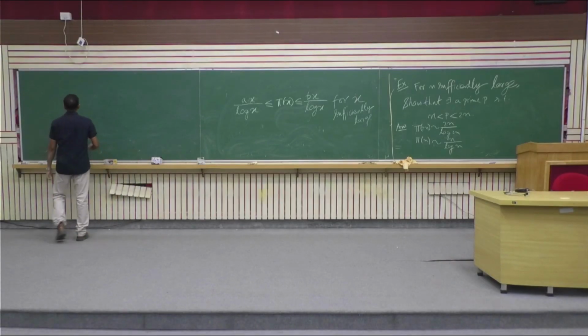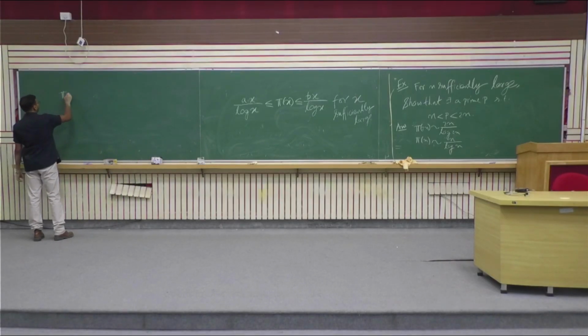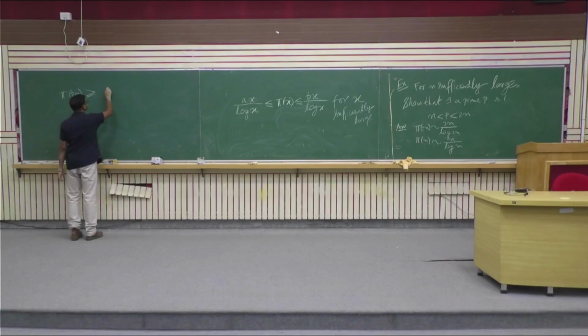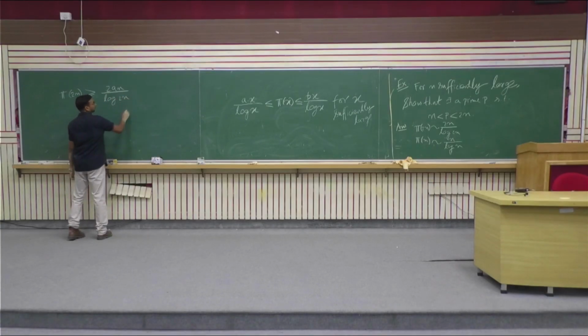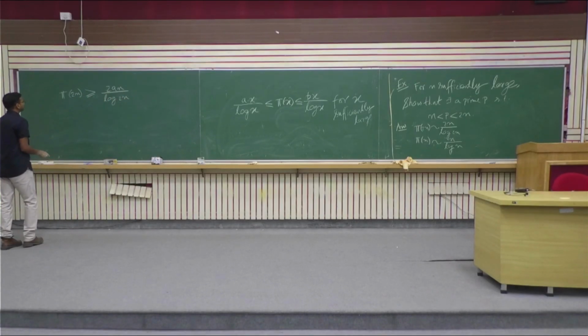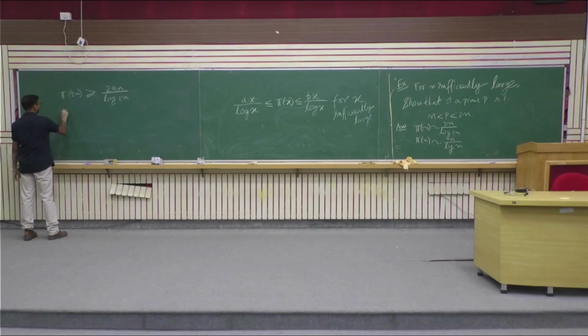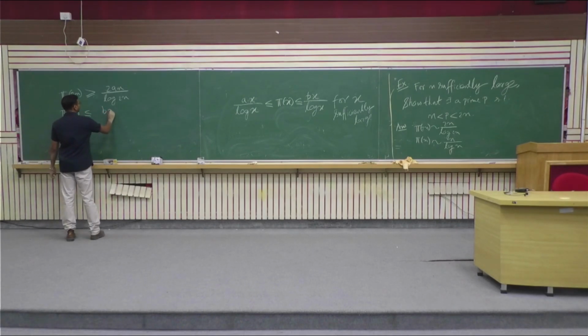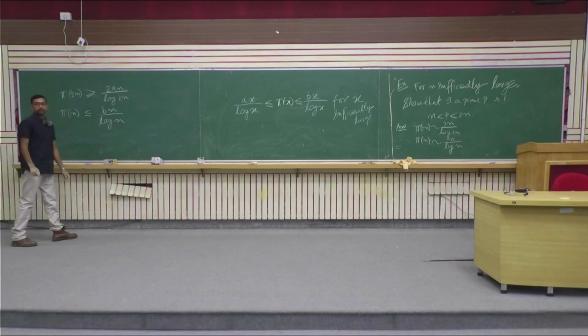Okay. So note that pi of 2n is larger than or equal to 2an by log 2n, and pi n is smaller than bn by log n, right?